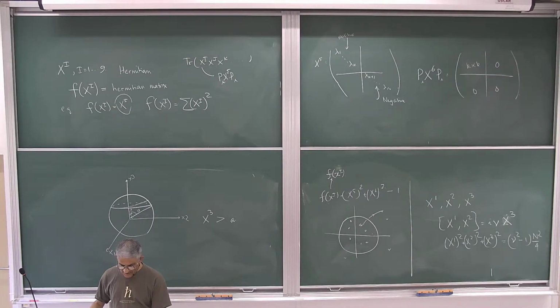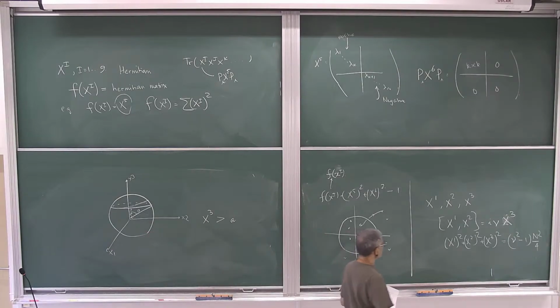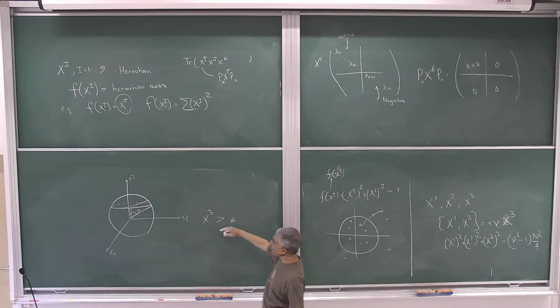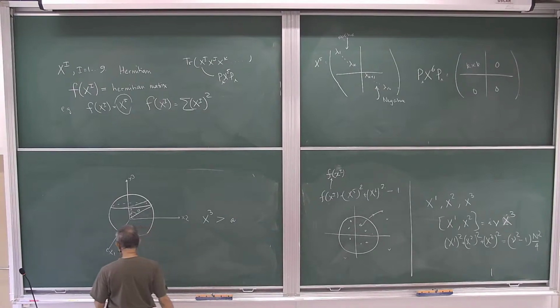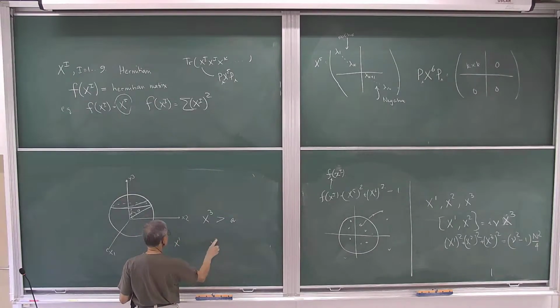So basically, as I said, this kind of constraint, namely putting in that projector, is equivalent to taking for the x1 and the x2 matrices some m by m block of that.